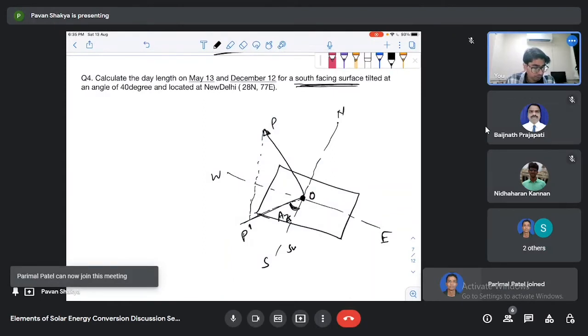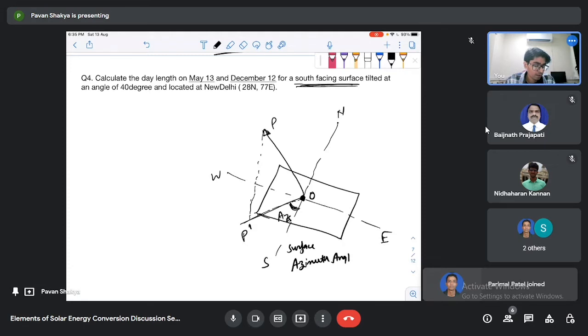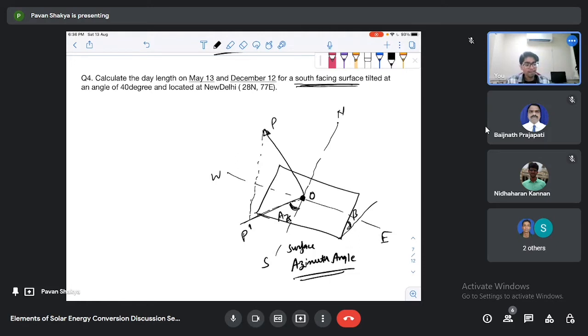And this plane is tilted at any angle beta. Now imagine what I'm trying to say: if the question says that the surface is south facing, then this normal projection, OP dash, will lie on this OS, that is in the south direction.